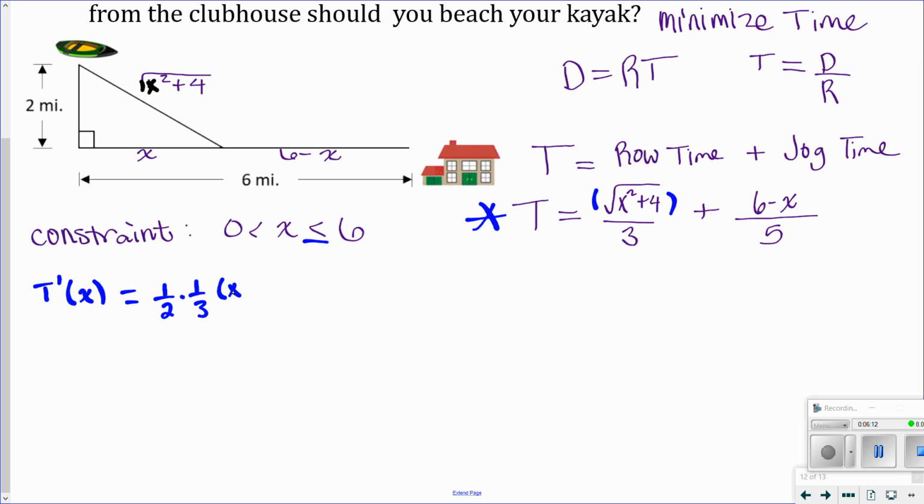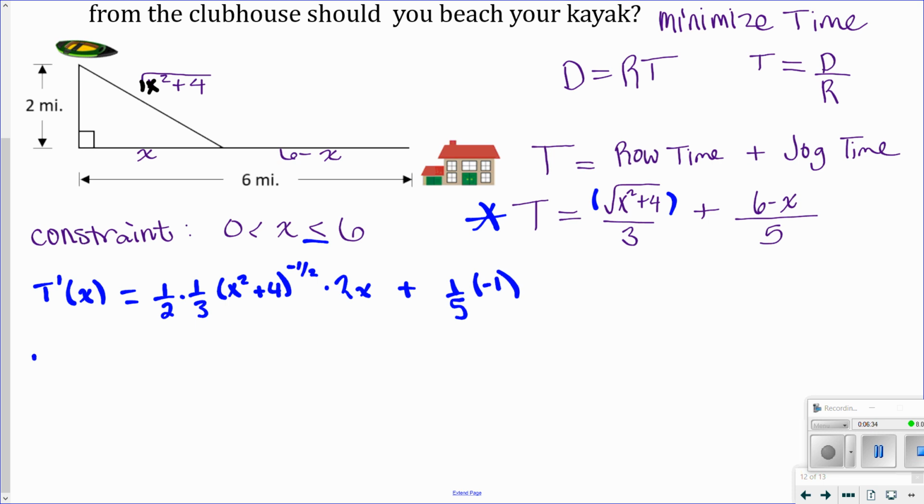So then this is going to be x squared plus 4 to the negative 1/2 power. Then we have chain rule. So derivative of x squared is 2x, plus 1/5, and then derivative of 6 minus x is just negative 1.